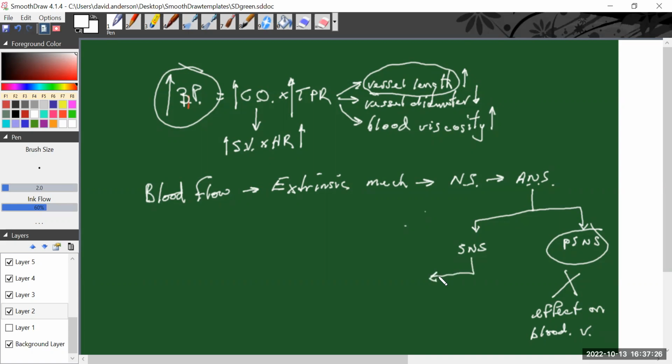Now, who can tell me what the neurotransmitter is for the sympathetic division targets? Anybody remember? Parasympathetic was ACh. Sympathetic? Nobody? Even after I write it out for you?